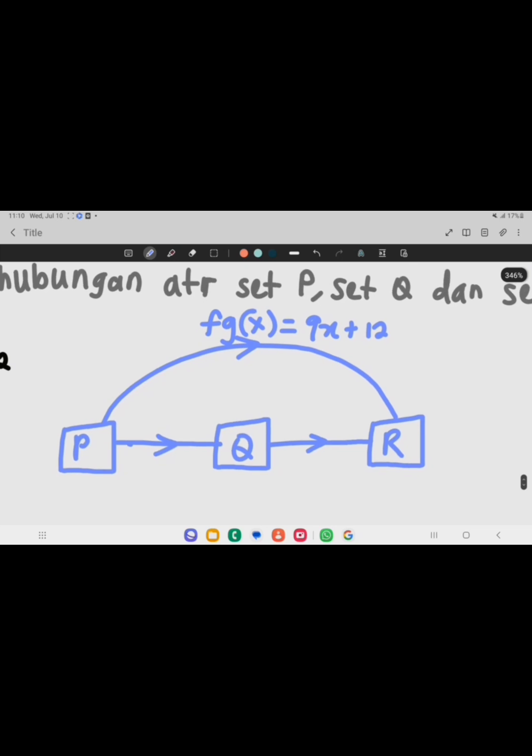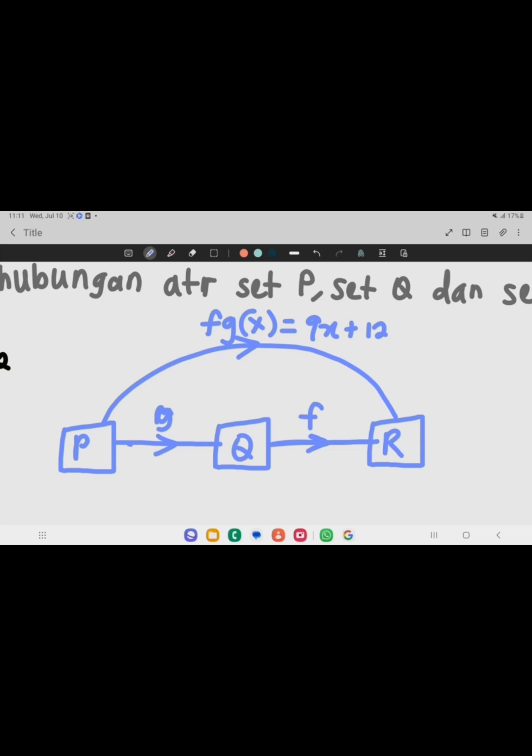Okay, so if from P to R the entire thing is the fg function, then from P to Q, is it supposed to be the f function or the g function? I hope you guys answer me g. It's supposed to be the g function, and from Q to R, it's supposed to be the f function.